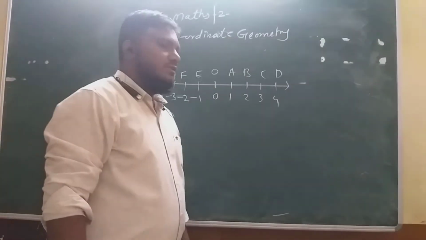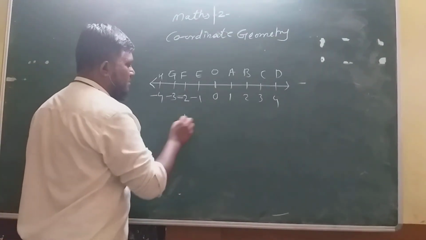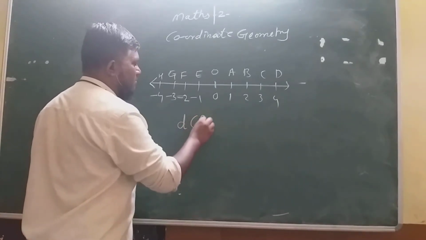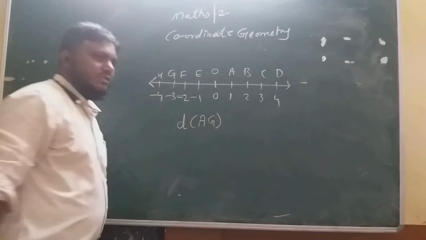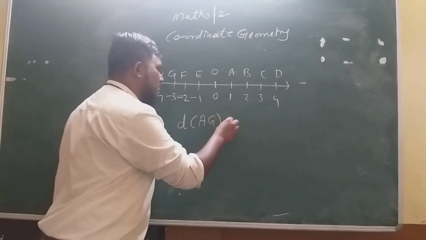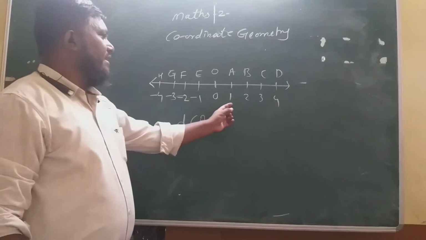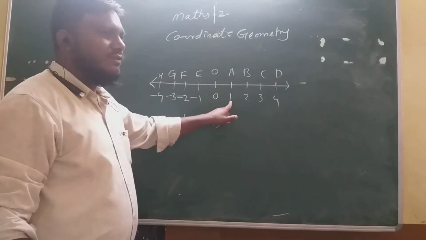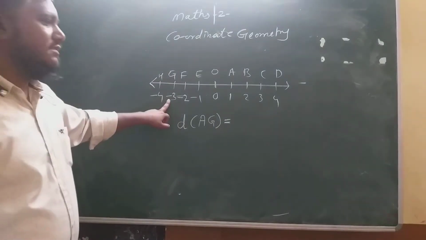Now, the question of last year's syllabus is what? Find the distance, D for distance of point A and G. Now, dear students, just remember these things. The A is having coordinate +1, and G is having its coordinate -3.